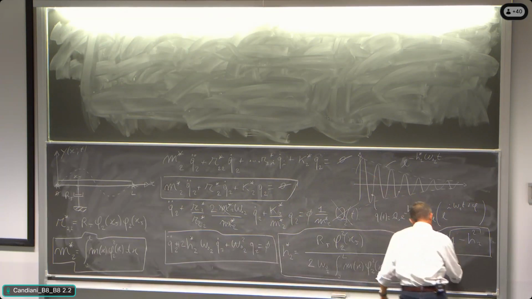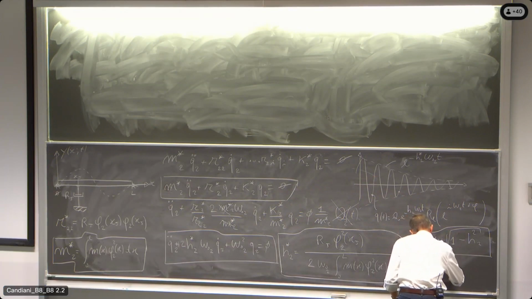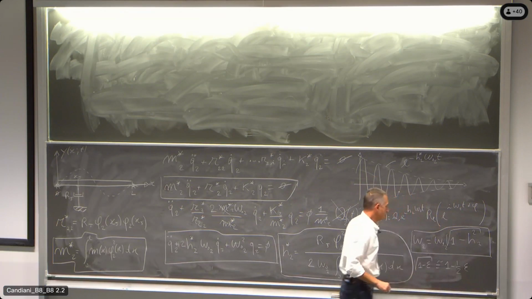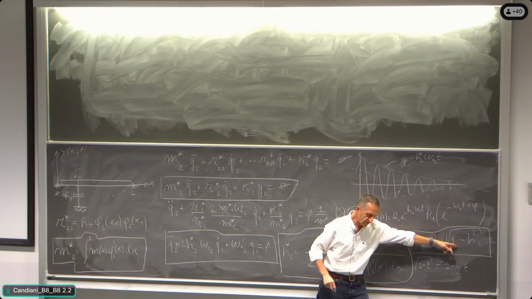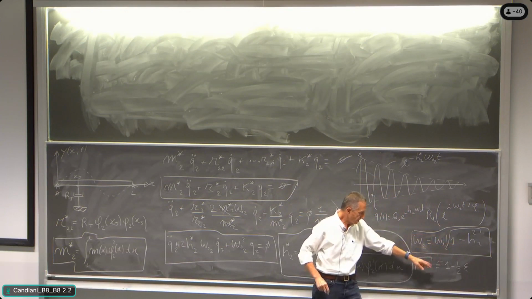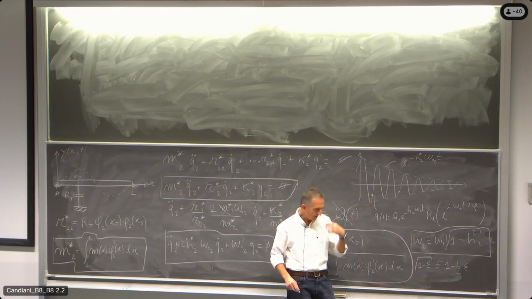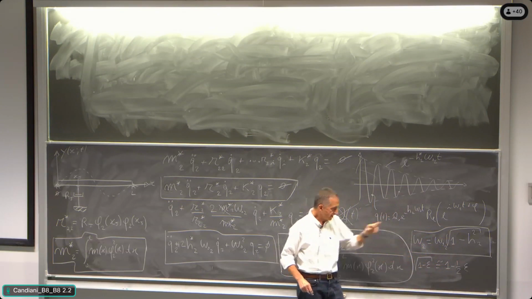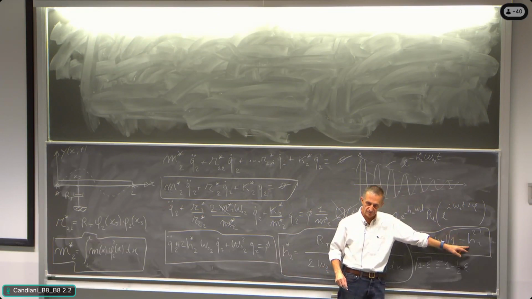Of course, this is the square root of 1 minus epsilon. So we open this expression with a Taylor expansion, and with respect to unity, the correction is 1/2 epsilon, and epsilon is the square of the non-dimensional damping.